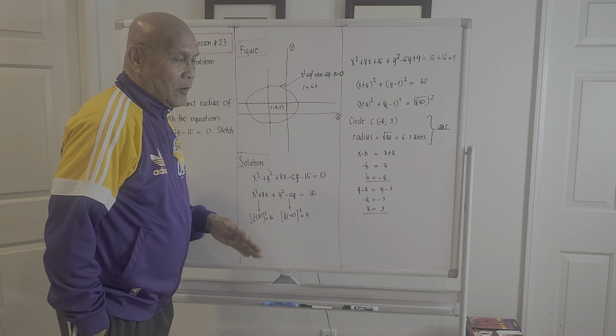Additionally, sketch the graph. So the problem is asking for the location of the center and the value of the radius, and we shall sketch the graph of the circle.